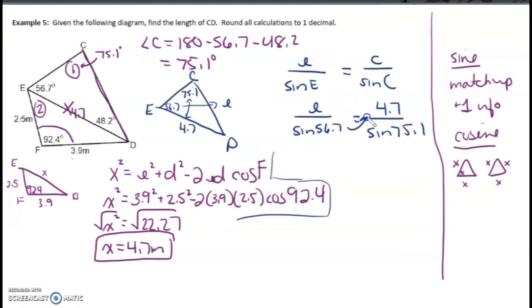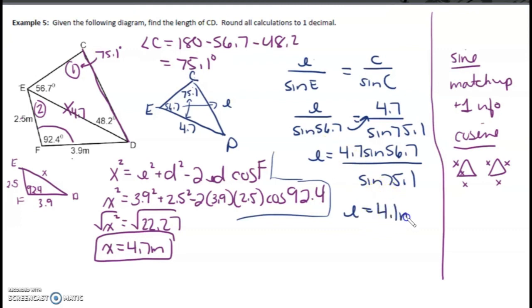Let's cross multiply and keep this exact. So E equals 4.7 sine 56.7 over sine 75.1. I can put this whole thing into my calculator, and I get 4.1 meters. Therefore CD, which is of course also E, is 4.1 meters.